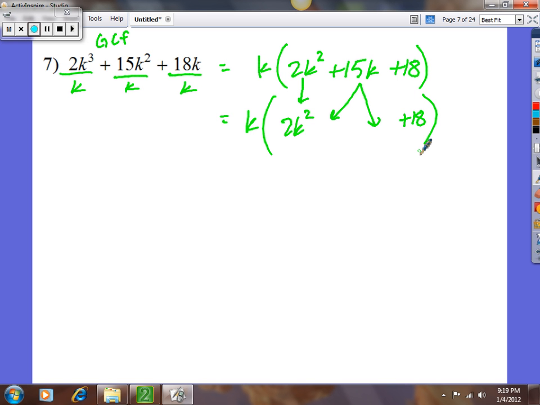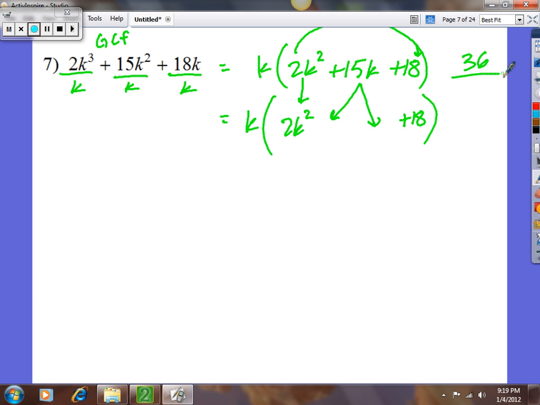So I'm going to change this trinomial, because there are 3 terms, into a polynomial with 4 terms. So what 2 numbers are going to add and give you 15? To do that, you multiply the 2 times the 18. So 2 times 18 is going to give you 36.